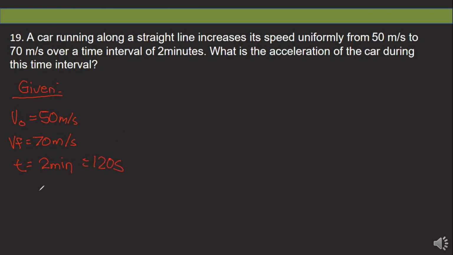Now, let's compute for the acceleration. So the equation that we're about to use is acceleration is equal to the change in velocity over a period of time. So we have here the final velocity minus initial velocity over the time, which is 120 seconds.